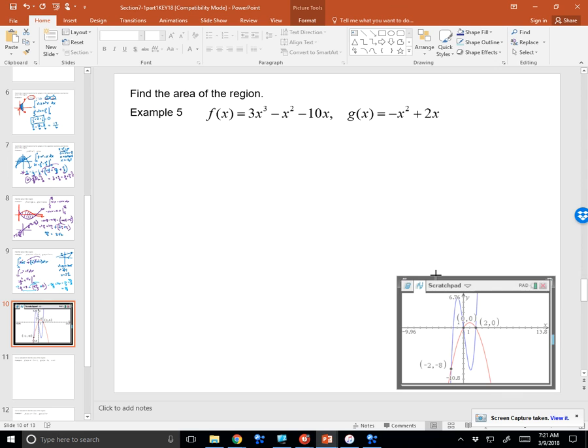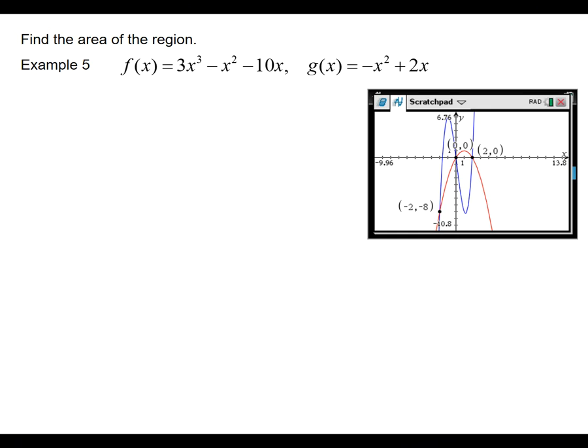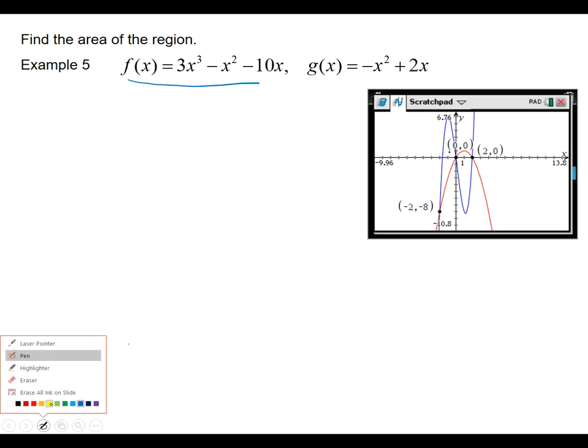If you have 2 different colors, it's not a bad idea to put it in 2 different colors right now. I'm going to give you about another 30 seconds, then I'm going to start talking about it.